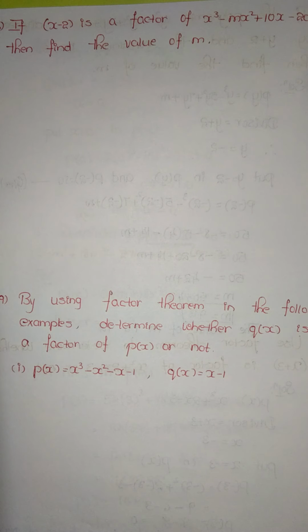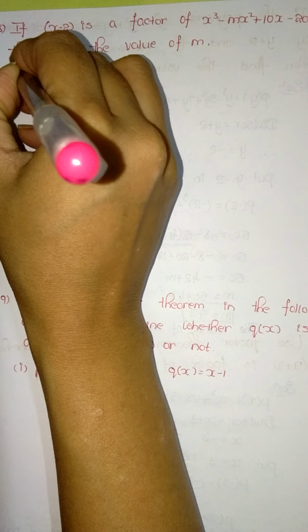Question number 8. If x minus 2 is a factor of x cube minus mx square plus 10x minus 20, then find the value of m. So here, solution.